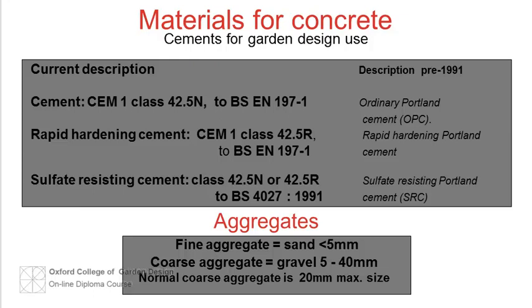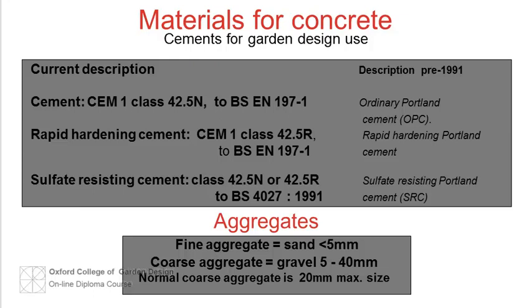The local authority building inspector can advise you on the likely presence of sulfates. The degree of sulfate concentration is measured on a scale of 1 to 4. Class 1 is a low sulfate risk. Classes 2 to 4 are progressively higher concentrations of sulfates and may require the specification of sulfate-resistant cement to prevent the attack.